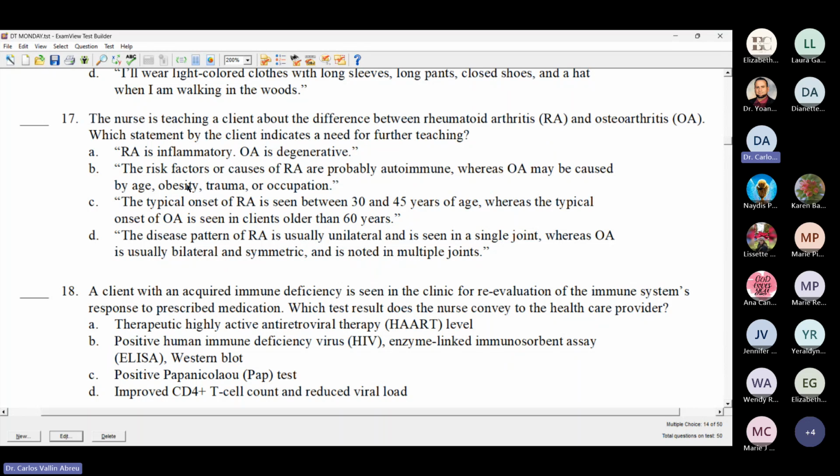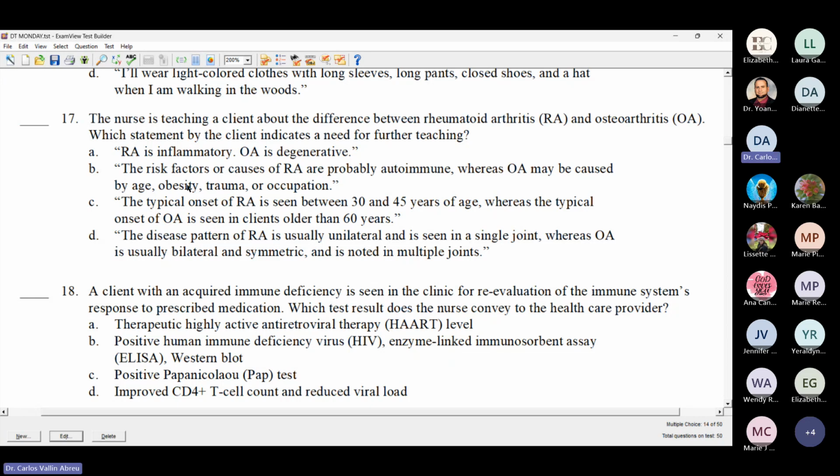Yes, it's true, the majority of the clients that develop rheumatoid arthritis do so in the third to fourth decade of their life. But osteoarthritis, I raise my hand, is a disease of older people. So it is also true. So I'm looking for the wrong one, so it needs to be the last.